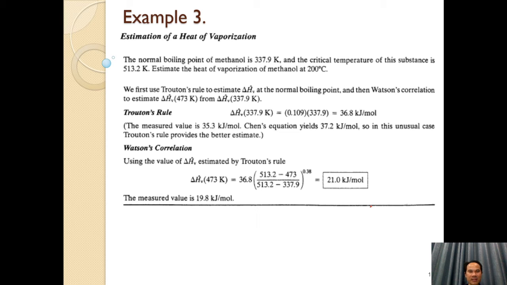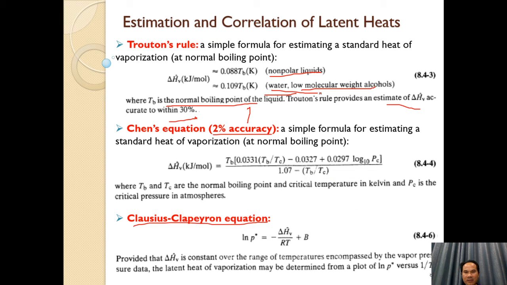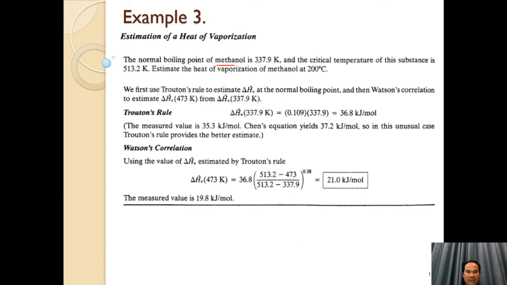Okay, the first step for this case we use the Trouton rule. For methanol, a low molecular weight alcohol, we use this formula for Trouton. Delta SV is approximately equal to 0.109 TB. You know TB, so you can calculate 36.8 kilojoule per mole.